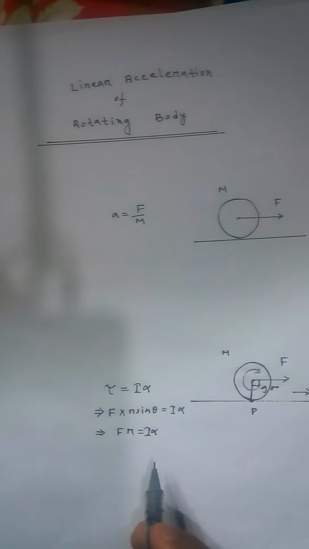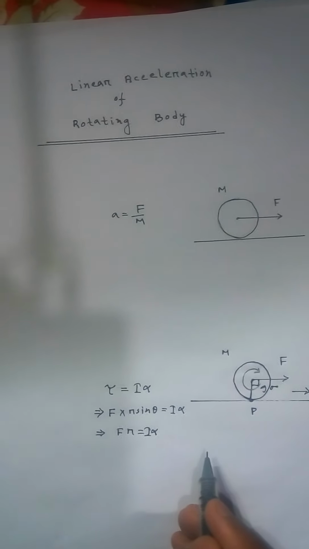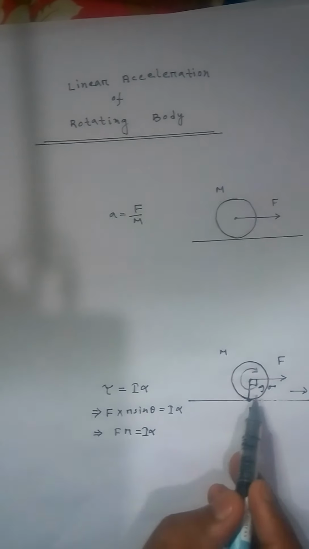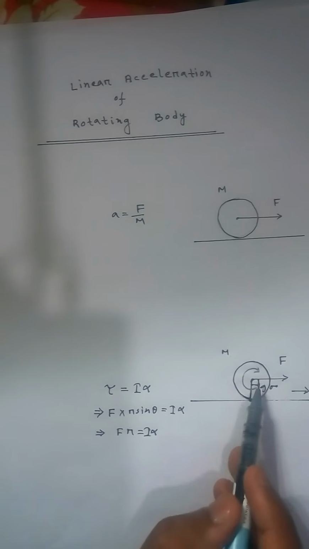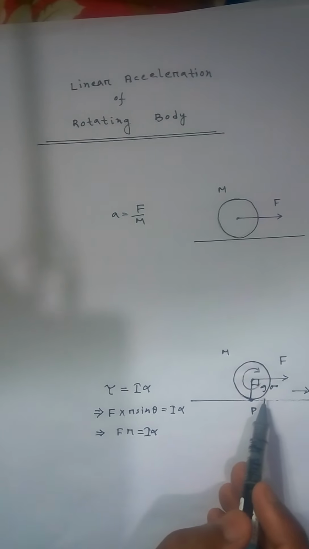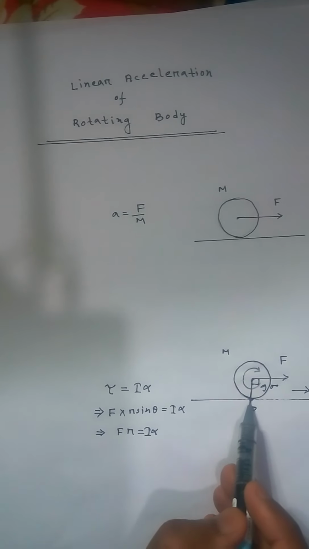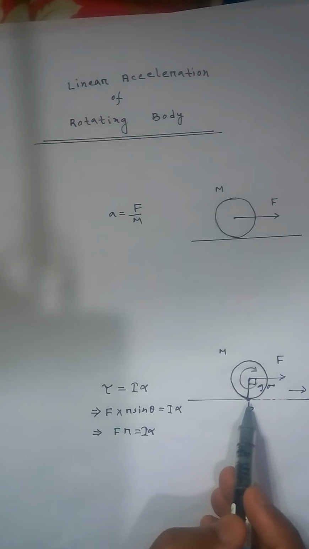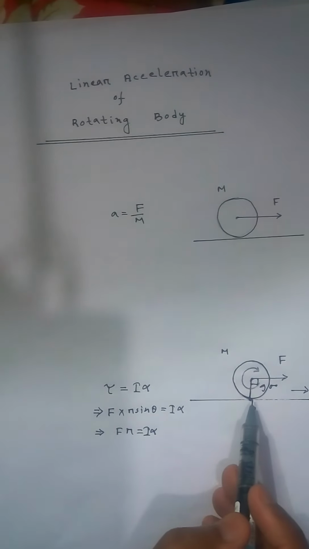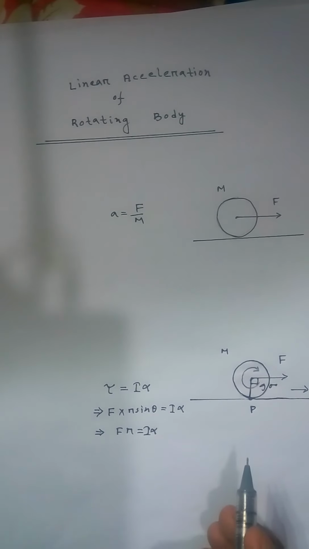If we look carefully, we can see that the body is rotating and going forward. If a body is rotating and going forward, we can assume that the body is only rotating about the point P, which is the tangential point of the body on the horizontal plane.